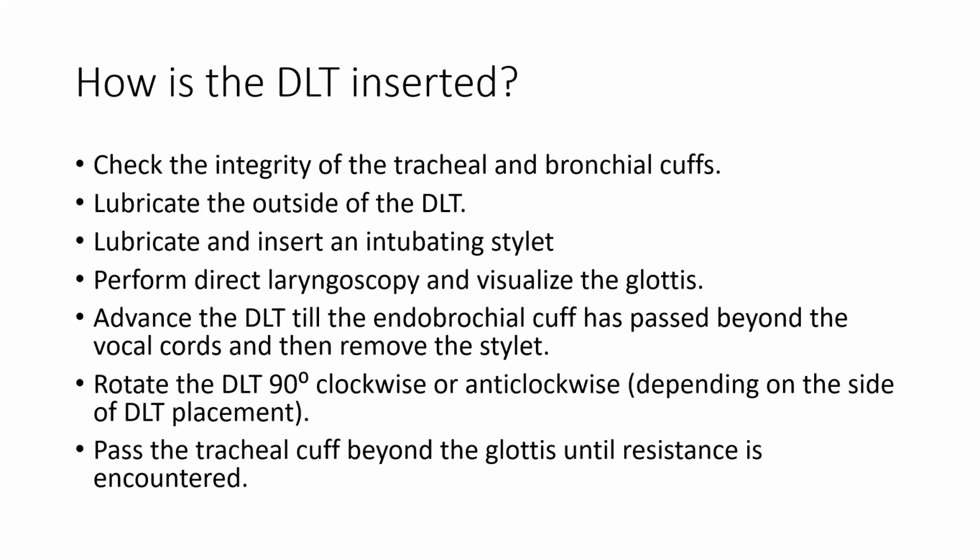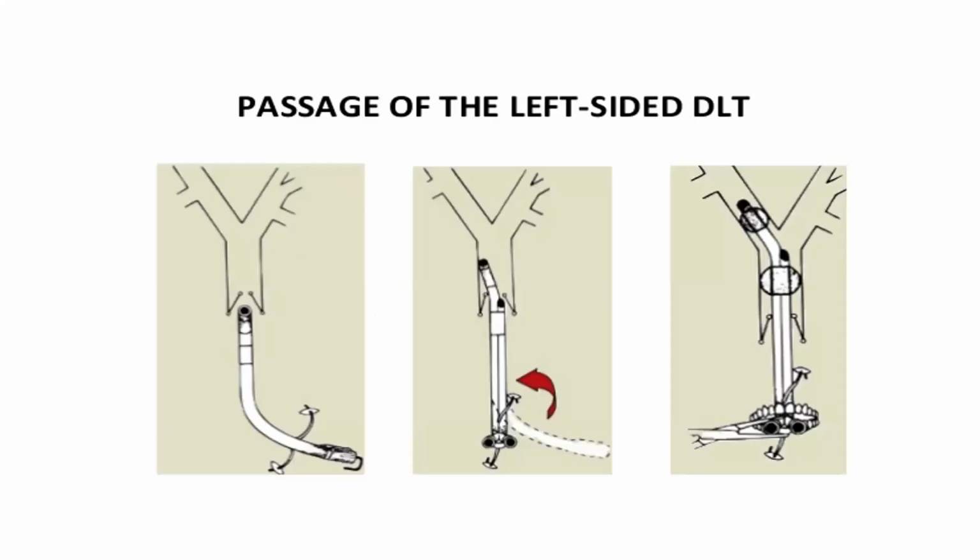Then we advance the double lumen tube until the endobronchial cuff has passed beyond the vocal cord. Then we remove the stylet. Then we rotate the double lumen tube 90 degrees clockwise or anti-clockwise, depending on the side that we want to intubate. Then we pass the tracheal cuff beyond the glottis until resistance is encountered. Then we should stop.